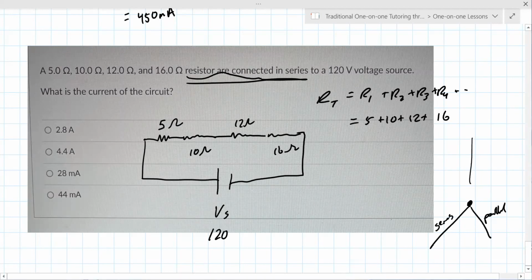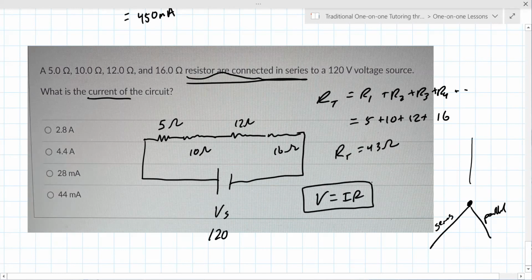So anyway, our total resistance is 15, 27, 43 ohms. The current comes from V equals IR. So you often use these combining equations, and then you go back to this.